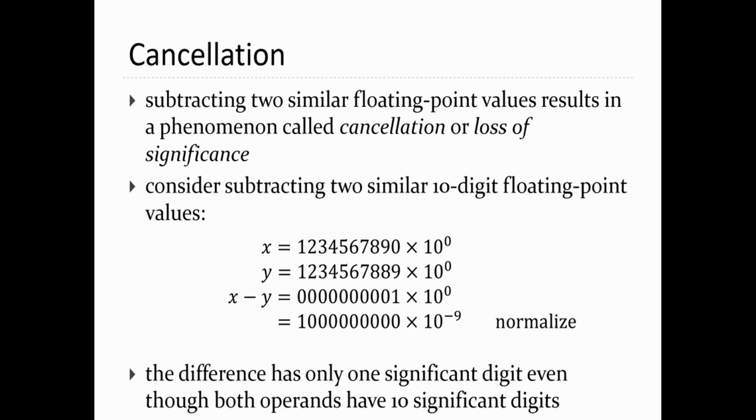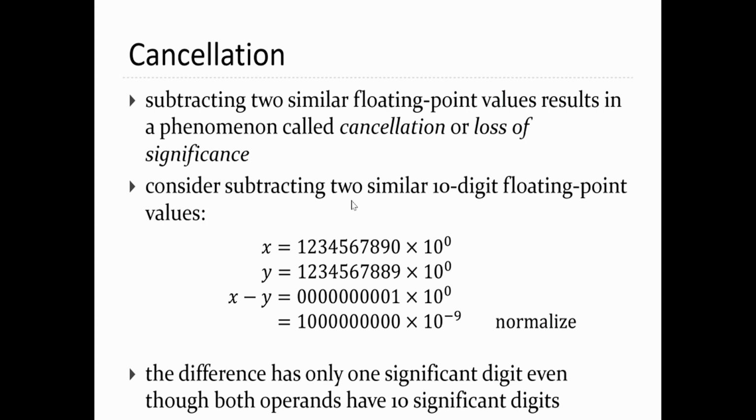Okay, something funny happens when you have two floating point values that are almost the same, and then you subtract them. Subtracting two similar floating point values results in something called cancellation or loss of significance.